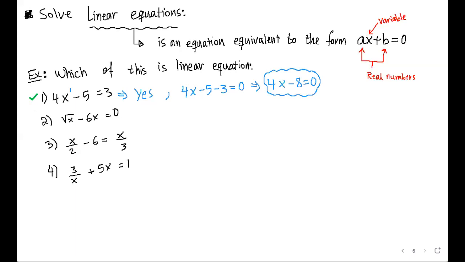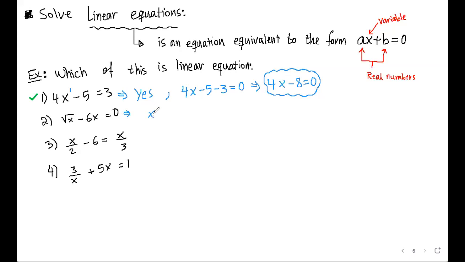Second one. Is this a linear equation? We have the square root. What is the exponent for the square root? It is 1/2.